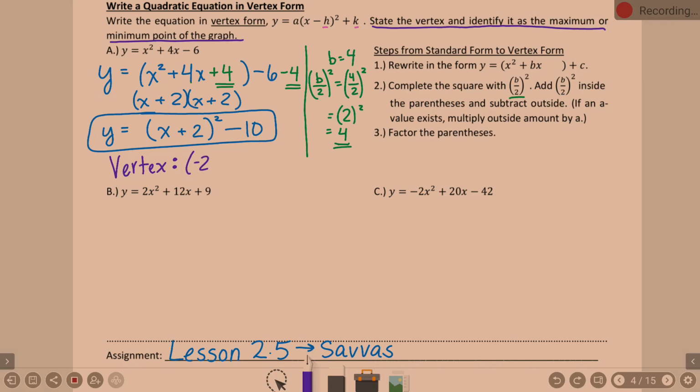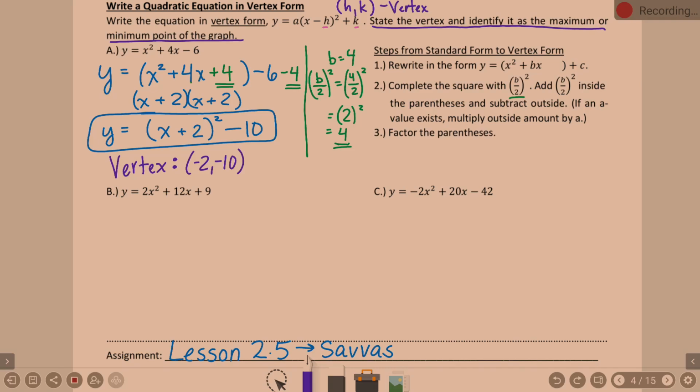It's negative 2, negative 10. h, k is what your vertex is going to be. Okay, negative 2, negative 10. It also wants to know, is it a maximum or a minimum?